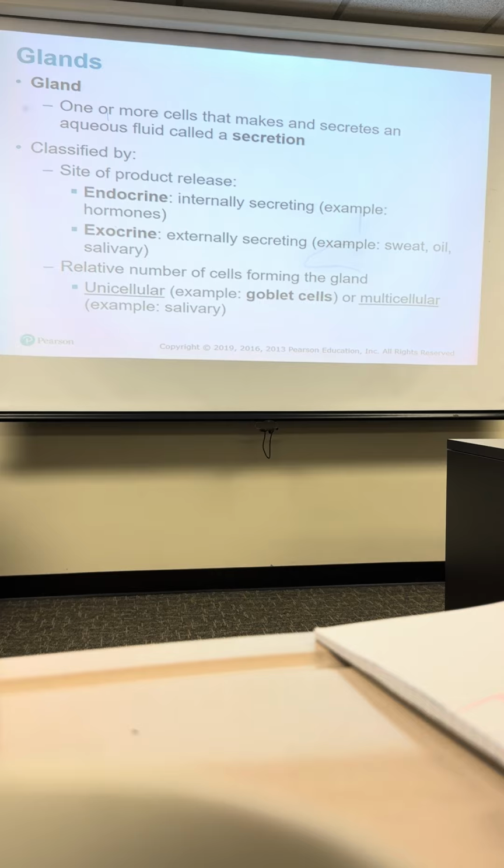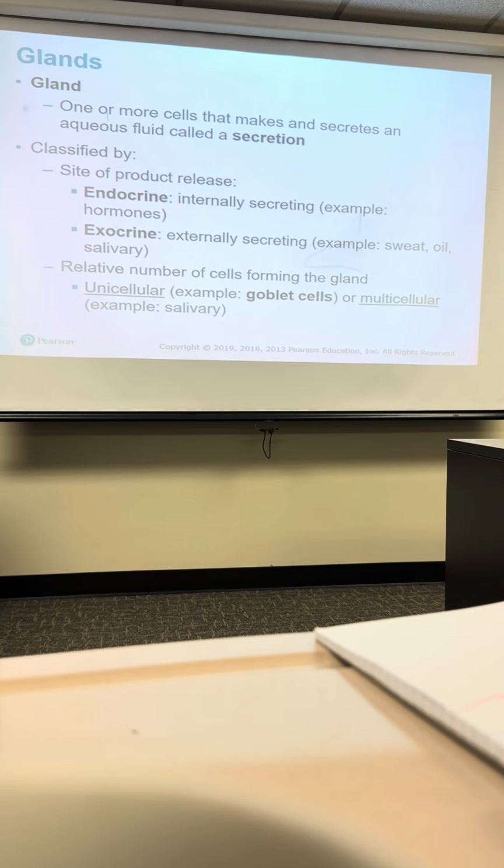Okay, so now let's talk about the glands. Do you know what a gland is? When we say gland, what do we mean by that? We know that we have exocrine glands and endocrine glands. Exocrine glands secrete something outside, like saliva, mucus, sweat, and oil, right? What about the endocrine glands?